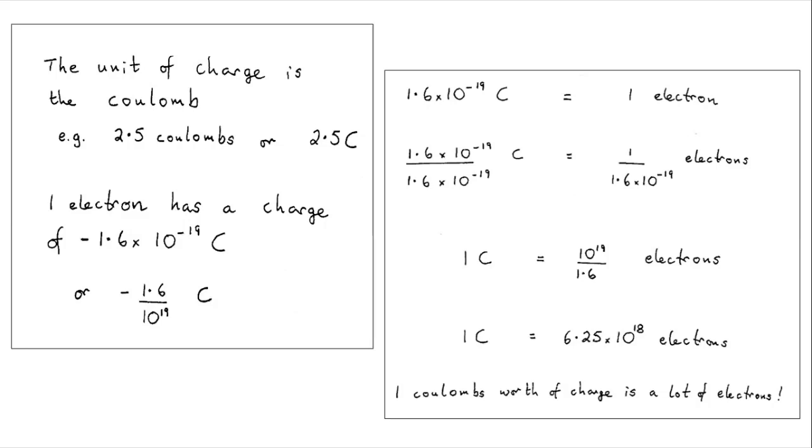So by a little bit of mathematical jiggery-pokery, we can see that 1 coulomb's worth of charge is about 6.25 times 10 to the plus 18 electrons. So 1 coulomb's worth of charge is indeed a lot of electrons.